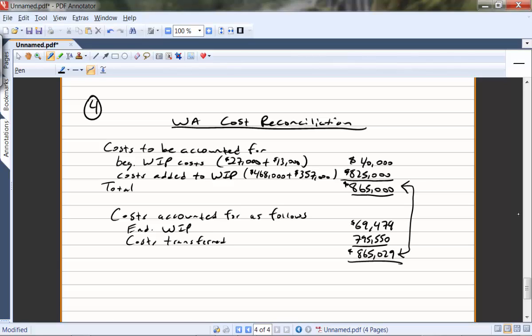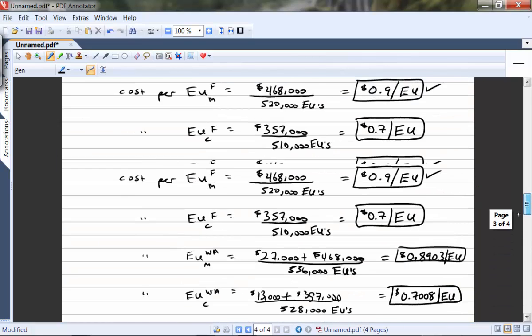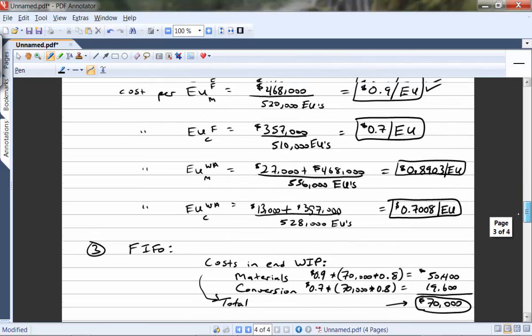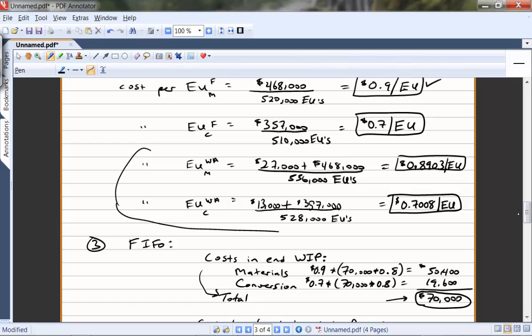We're off by $29, but the difference is only because of rounding this 0.8903 number and this 0.7008 number. It's due to rounding the cost per equivalent unit figures for weighted average. If you remember, when we go all the way back up, our cost per equivalent unit for weighted average, this is part 2, right here, we rounded these numbers to 4 decimal places.